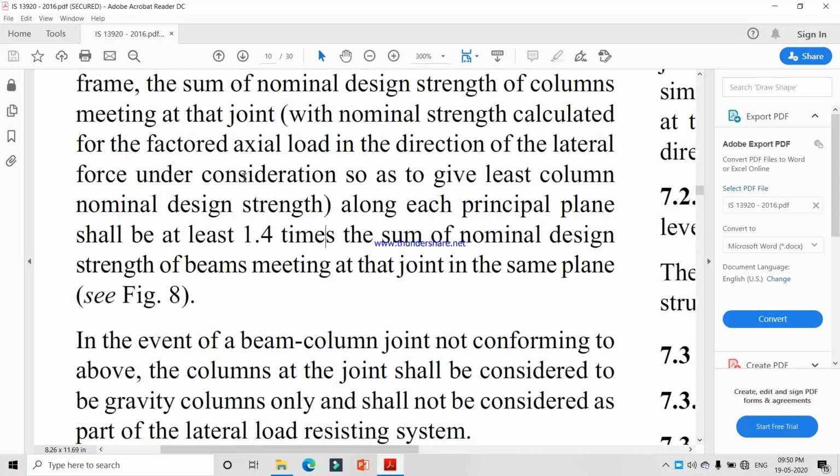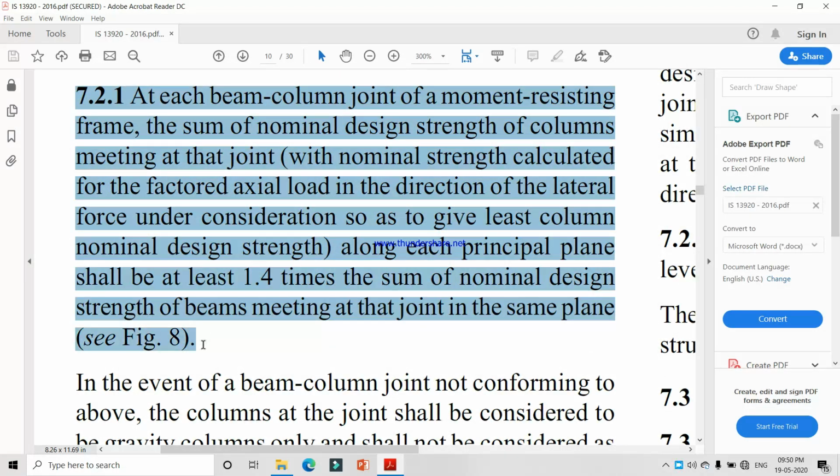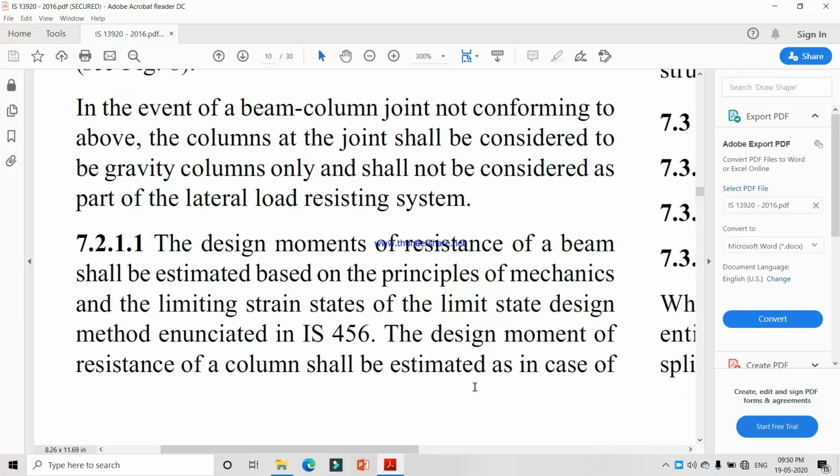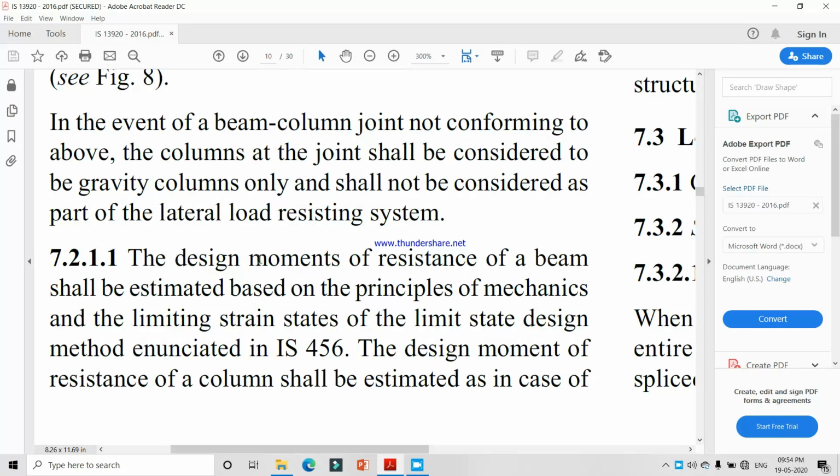If we do not satisfy this criteria, then the column is considered as a gravity column, and we do not design it for the lateral load resisting system. And then next, the design moment of resistance of beam shall be done using the limit state design method, using the IS 456 method.